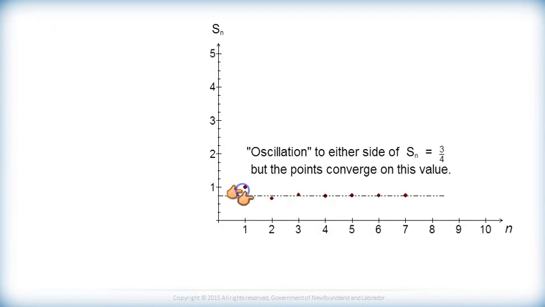Plot the points. It looks like they seem to be hanging around that value of 0.75, 3/4. Some points a little under, some points a little over, a little under and over, etc. So we have convergence on 3/4.